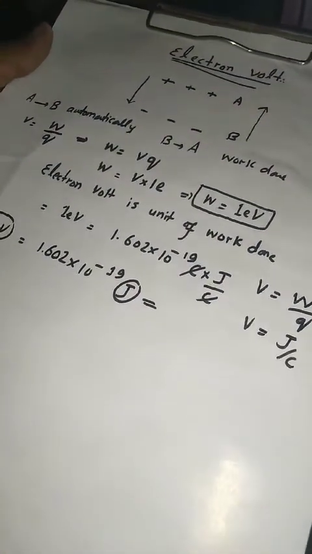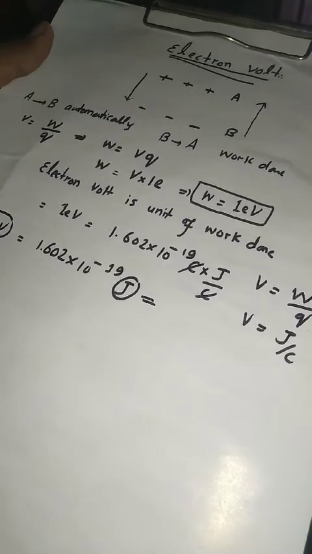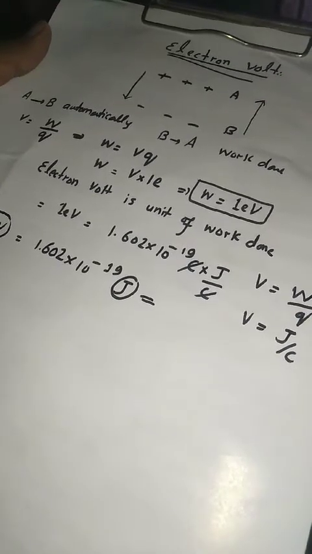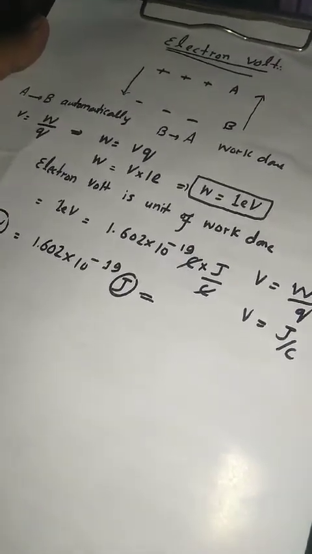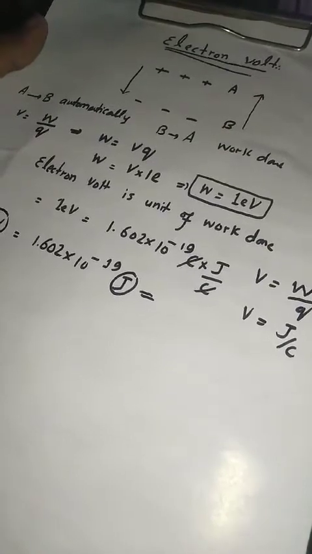1 electron volt is the amount of energy carried by an electron when it crosses a potential difference of 1 volt.